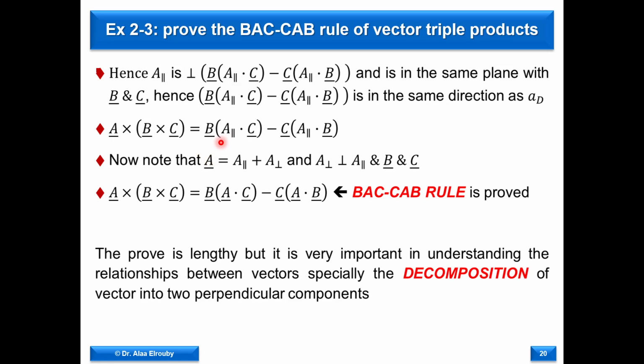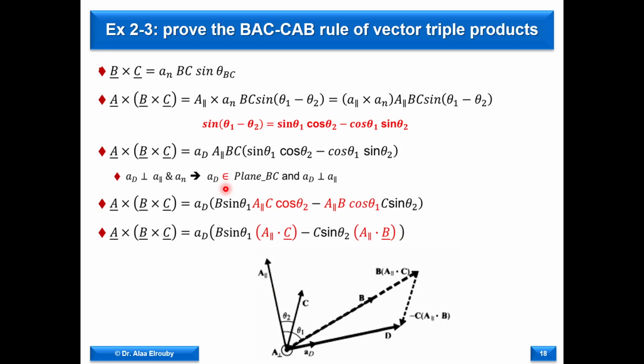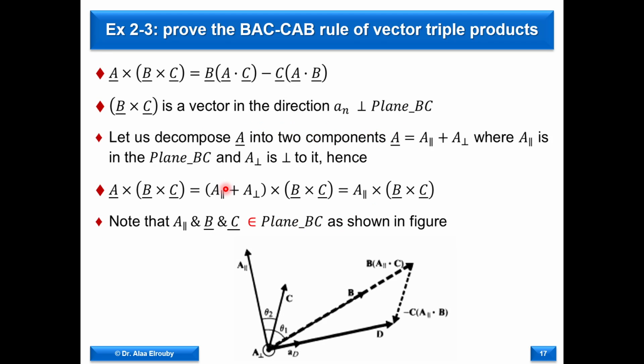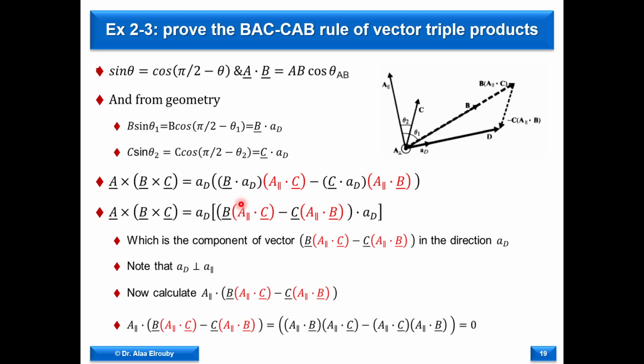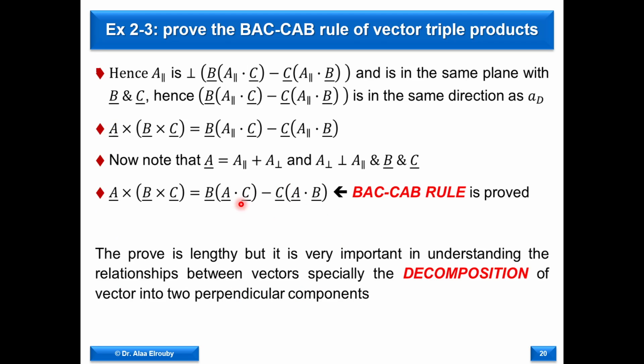The expression here now has A parallel. What we want to prove has A. Remember that we decomposed A into two components, A parallel plus A perpendicular. So if we replace A parallel with A parallel plus A perpendicular and dot product with C, what will be the result? The normal component is normal to the plane.